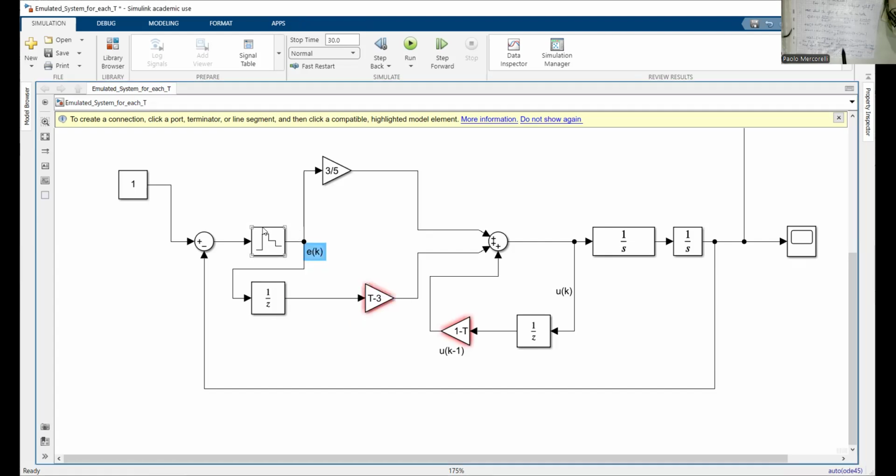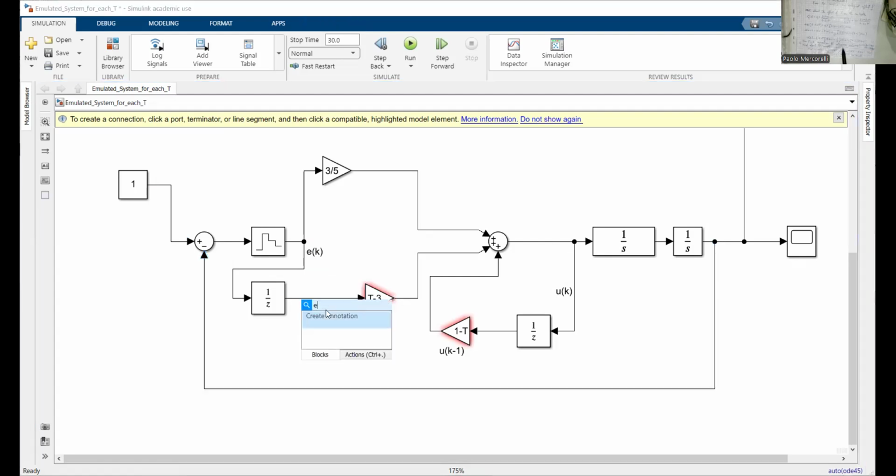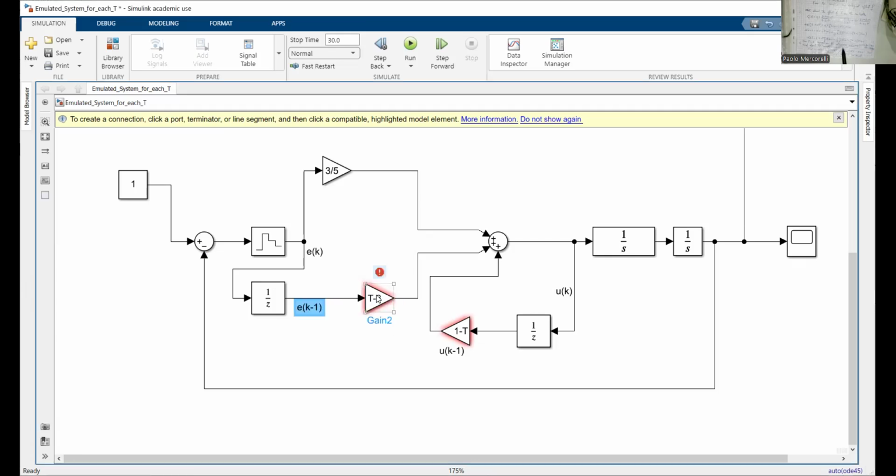After the discretization, I have a of k minus 1, a of k, excuse me. The discretization I need because I have a continuous signal. After the integral, you have a of k. Here I have a of k minus 1 in accordance with the shifting element. And here I multiply by t minus 3.